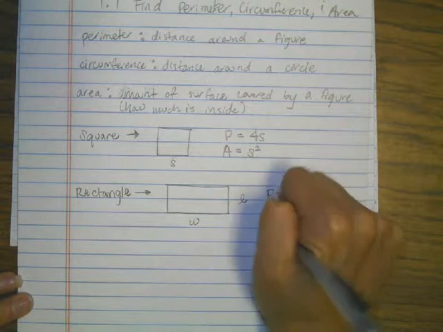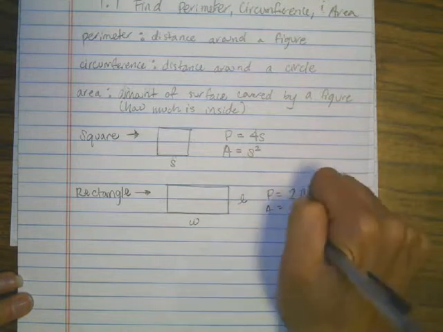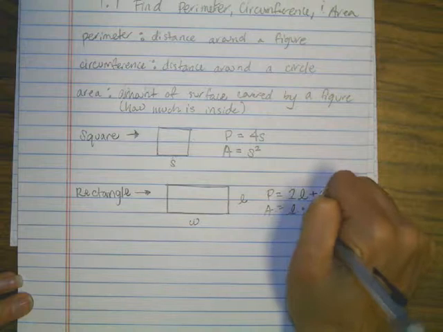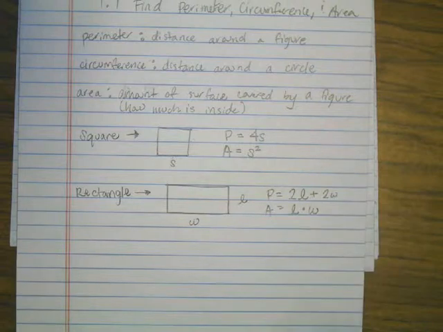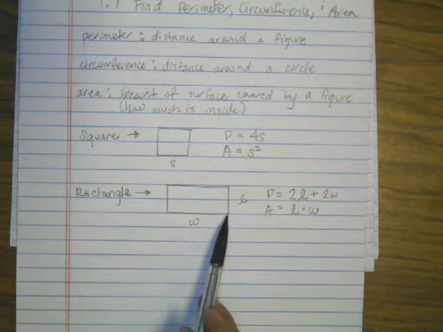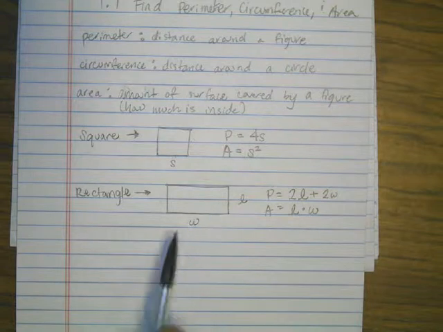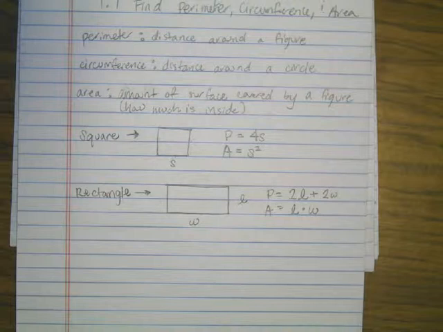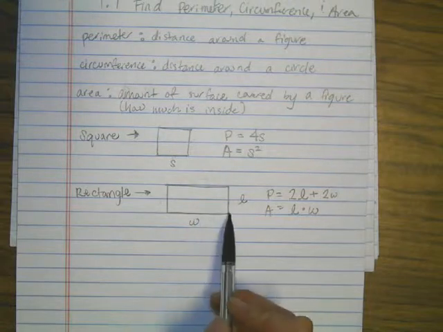The area, like I said before, is the length times the width. So one side length times the other side length. Make sure that you're using the ones that are both different.